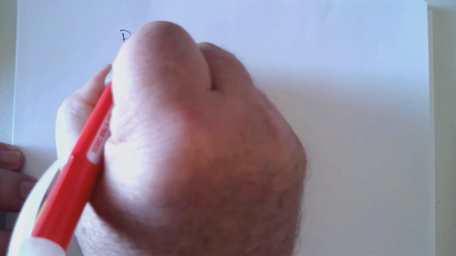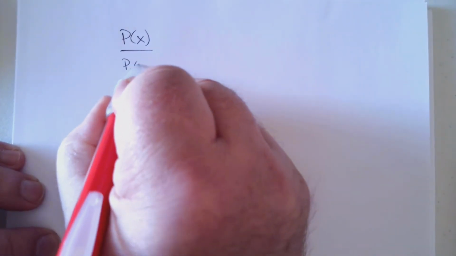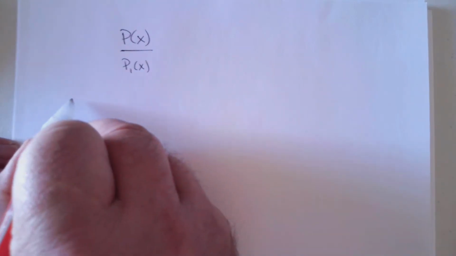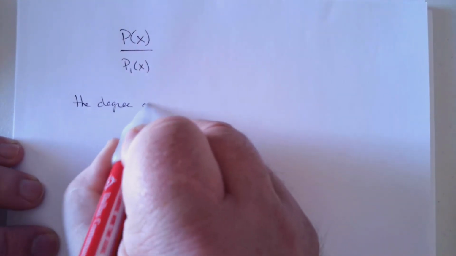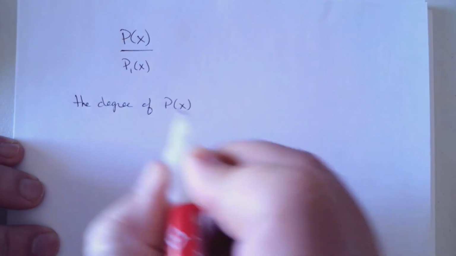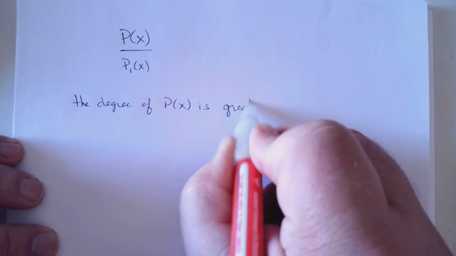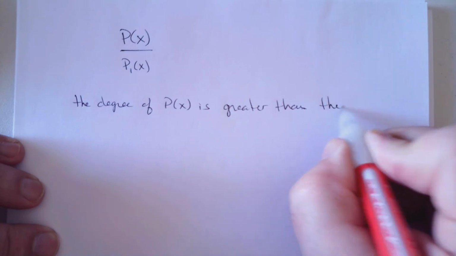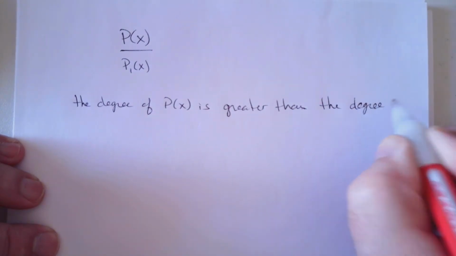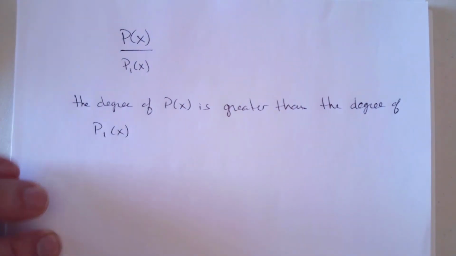So like I said, if you have a polynomial and you divide it by a smaller polynomial. By smaller, I mean the degree of the numerator, p of x, is greater than the degree of the bottom polynomial.